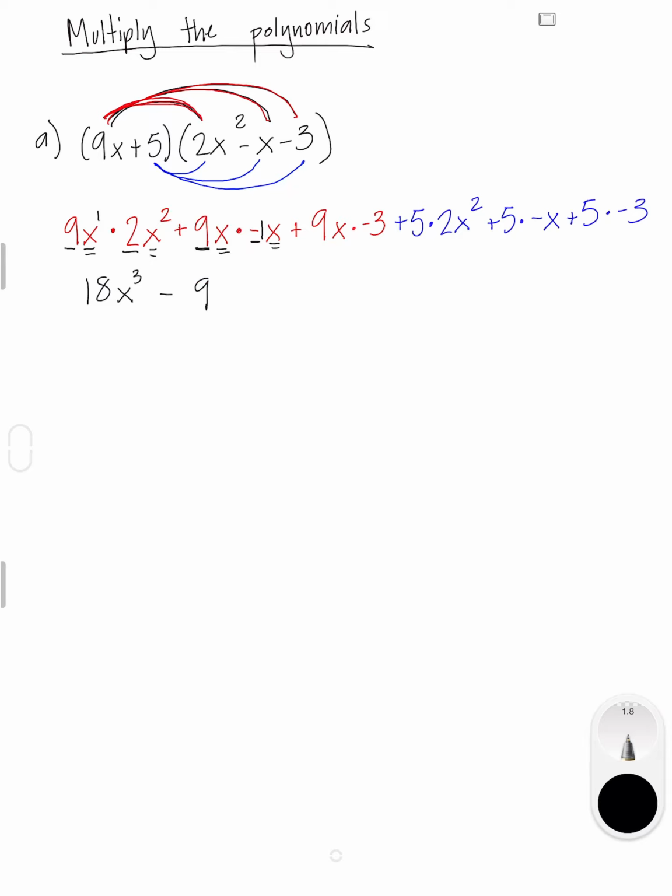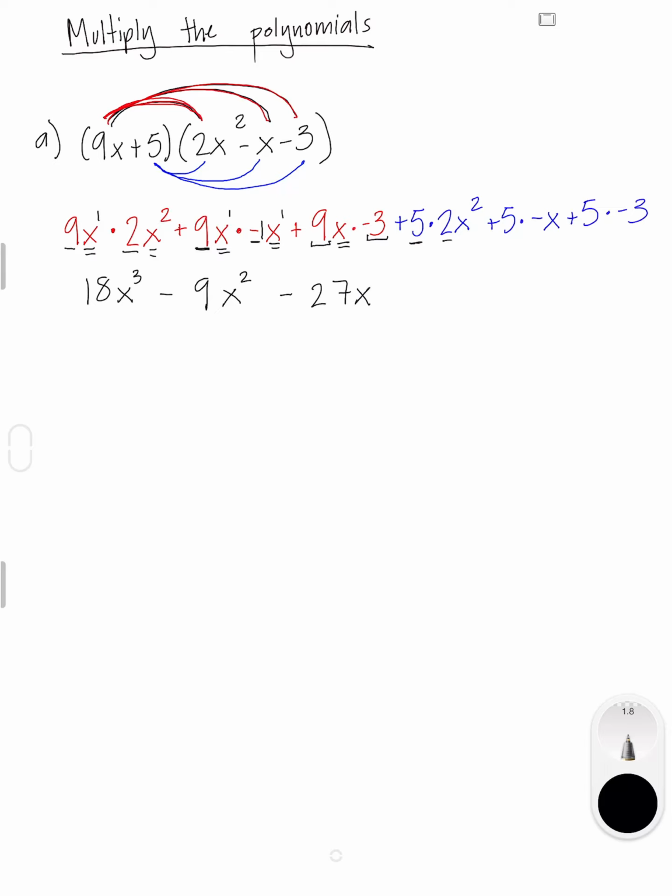And then x times x, both have exponents of 1, so 1 plus 1, x to the second power. Now we have 9 times negative 3, which is negative 27. And then the negative 3 does not have an x, so this x is just going to come down next to the negative 27.